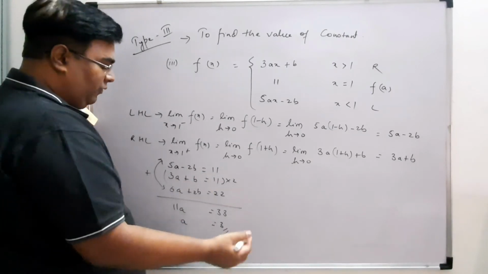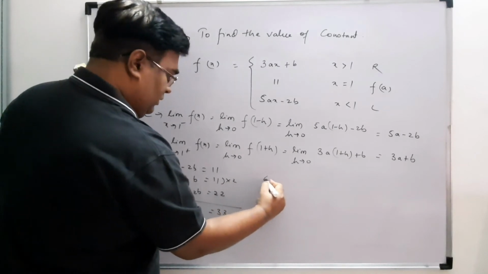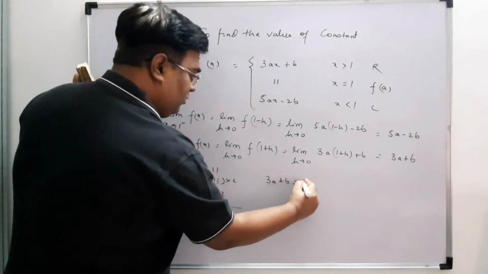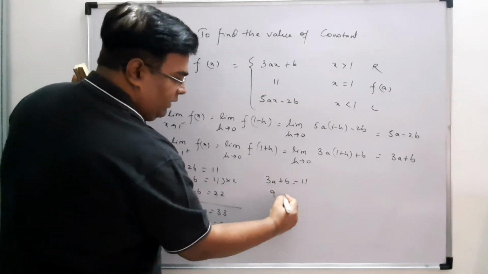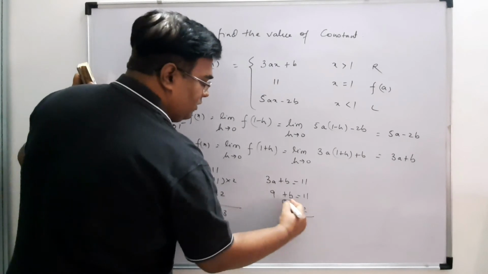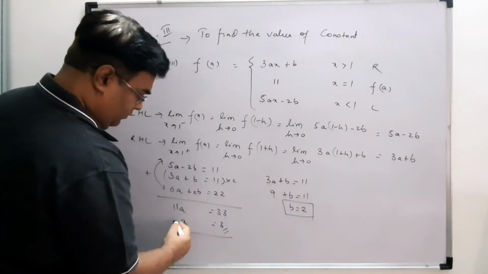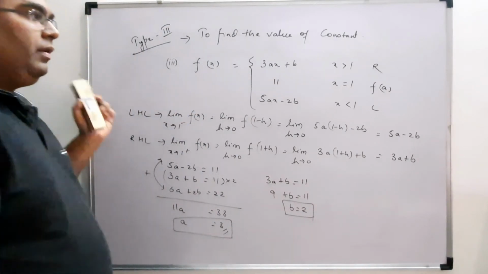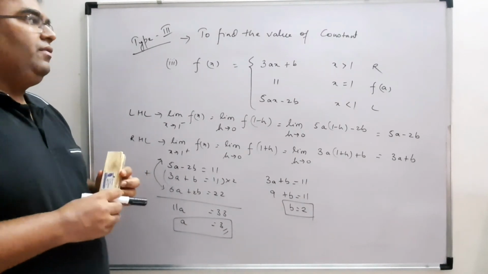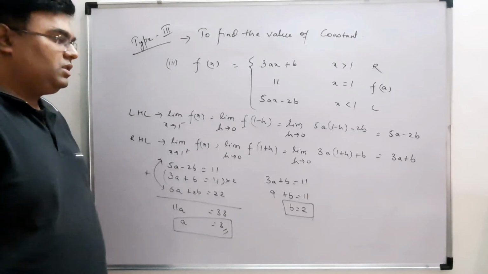Putting the value of a in 3a plus b is equal to 11, you get 9 plus b. So this way we can solve and find the values of our constants.